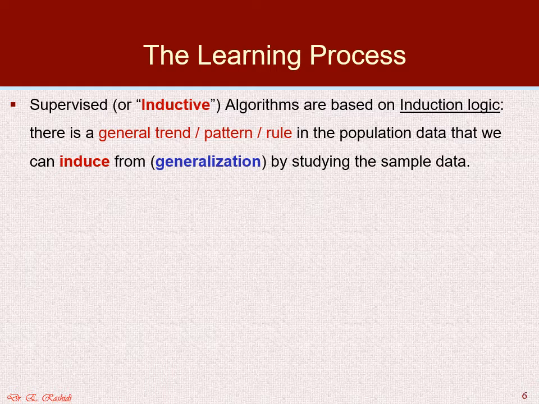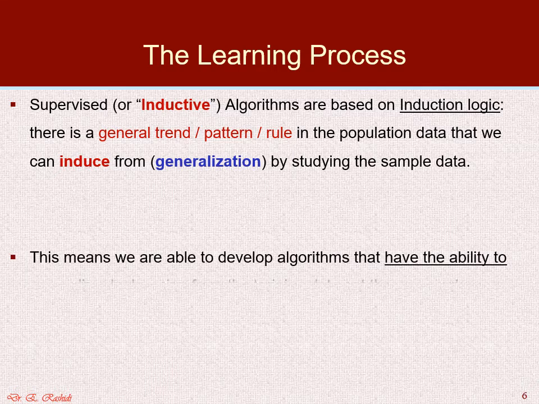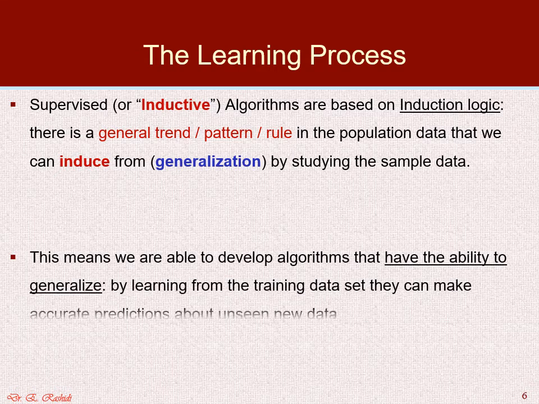So you need to remember the concept that you learned in statistics, the sample and population. What this really means is we are able to develop algorithms that have the ability to generalize. By learning from the training data set, they can make accurate predictions or close to accurate predictions about unseen new data.